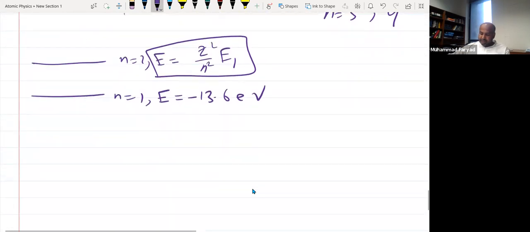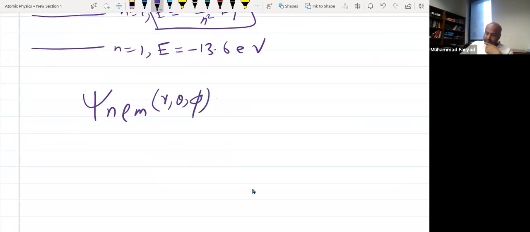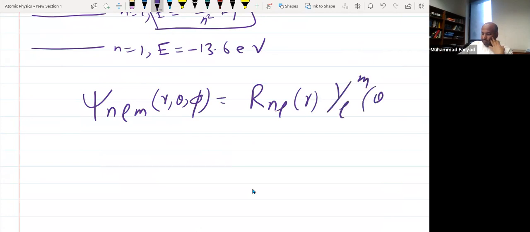And we can write the wave functions like this. So now the total wave function psi nLm of r theta phi is given by R nL of r into YLM of theta and phi.